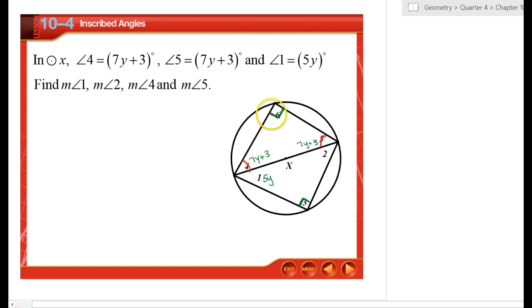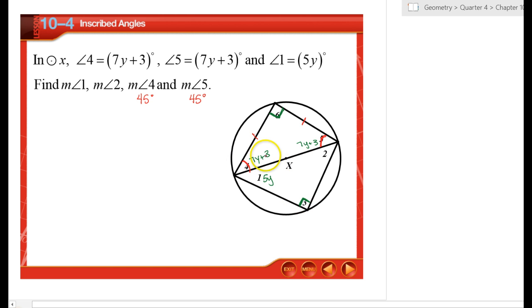And if this is 90, then that leaves 4 and 5 have to be 45 degrees. So there's two answers right there. Those have to be 45 because it's an isosceles right triangle. Because if these are congruent, then that means these are congruent, right? It doesn't mean anything about the other triangle though, so don't assume that.